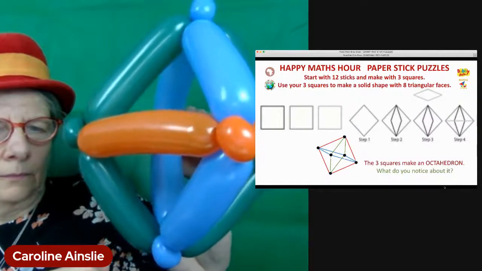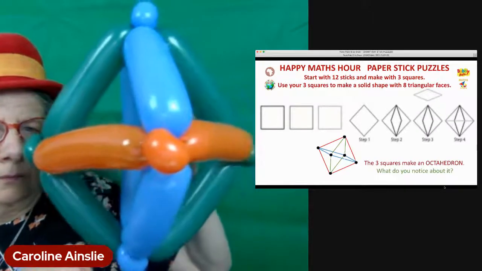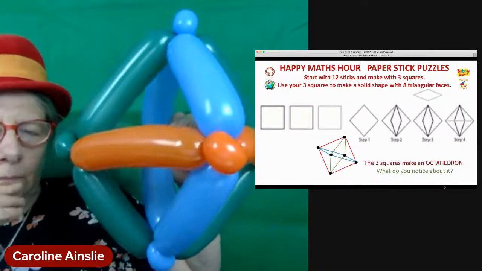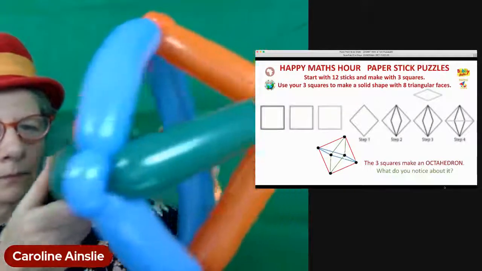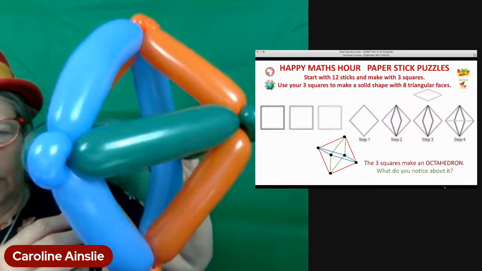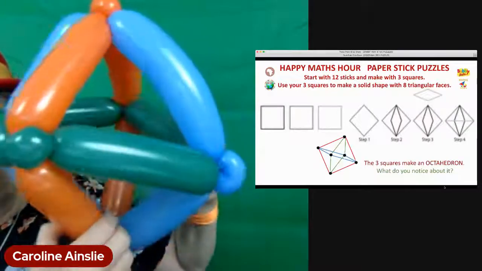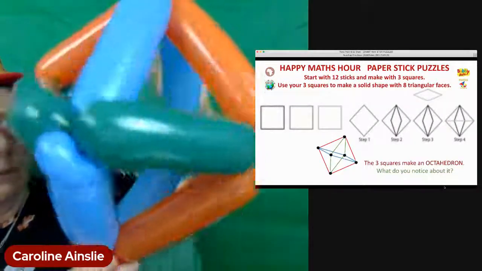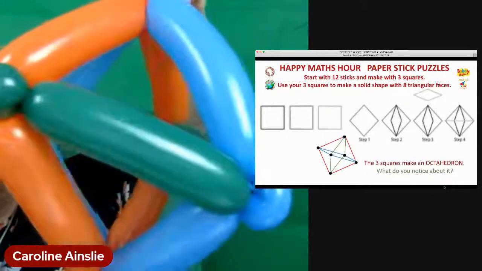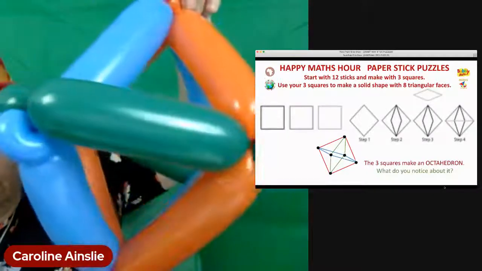So that's another plane of symmetry. We call it a plane of symmetry or a mirror plane. So there are 3 mirror planes. There's also a green one. And you've got so much geometry there. It's so rich in all the different ideas. It's a fun puzzle, and you can do it all with paper sticks.